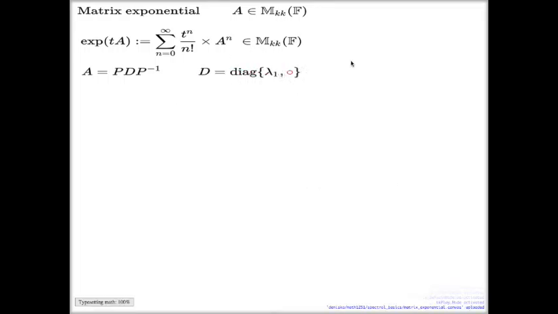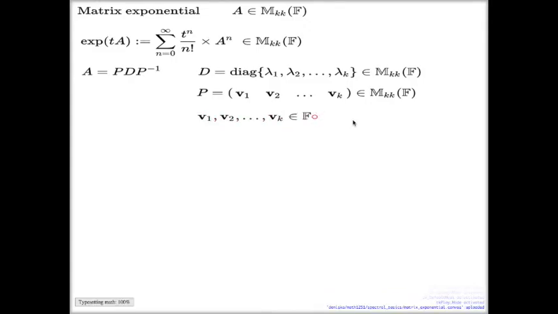So let's just assume that my matrix admits a diagonalization. So we have a representation for my A in terms of P and D, where D is a diagonal matrix with eigenvalues on the diagonal, and P is a matrix composed of eigenvectors as columns.